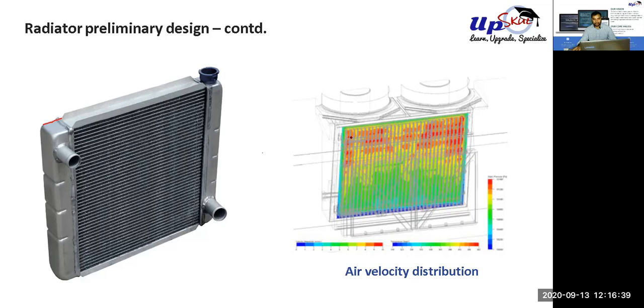As you can see here, we have this distribution of air velocity. In this area the air is very fast, in this area it is not. It is mainly due to the inlet of the air. Another thing is also due to the suction of the fan. So these are the things that we have to make sure of.